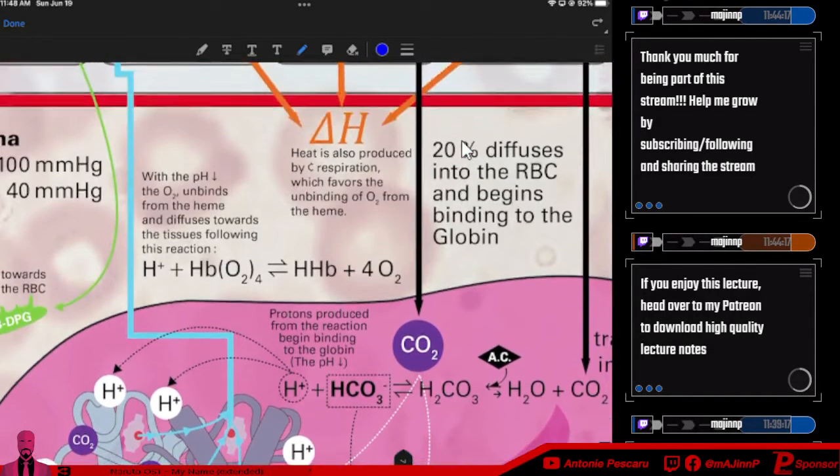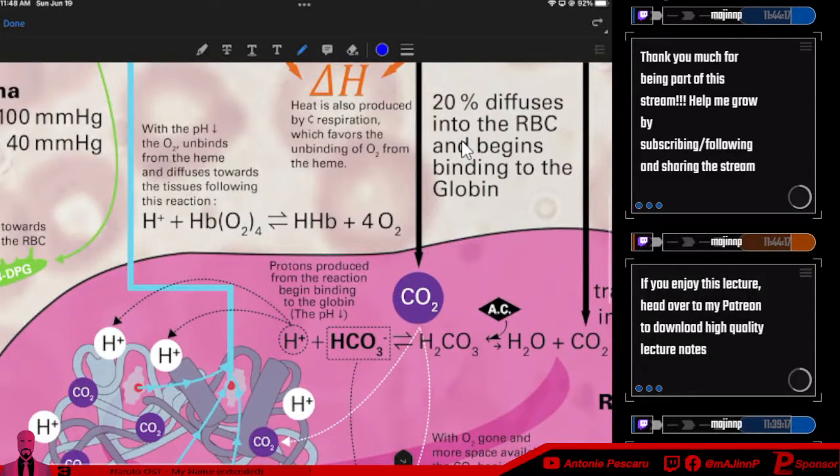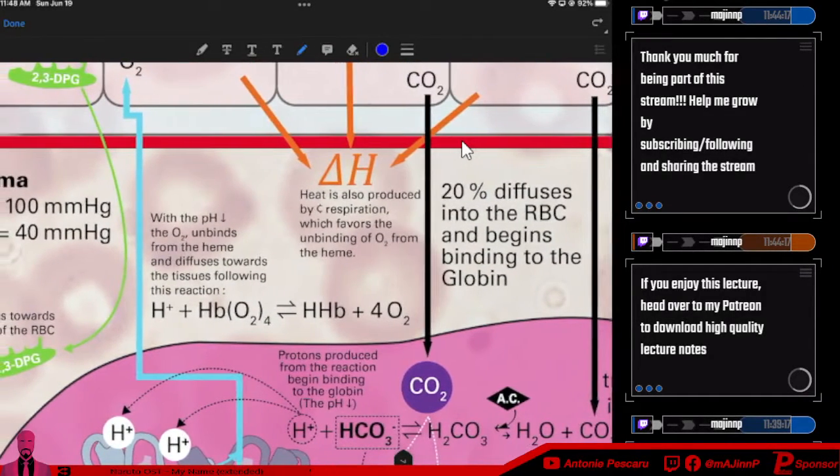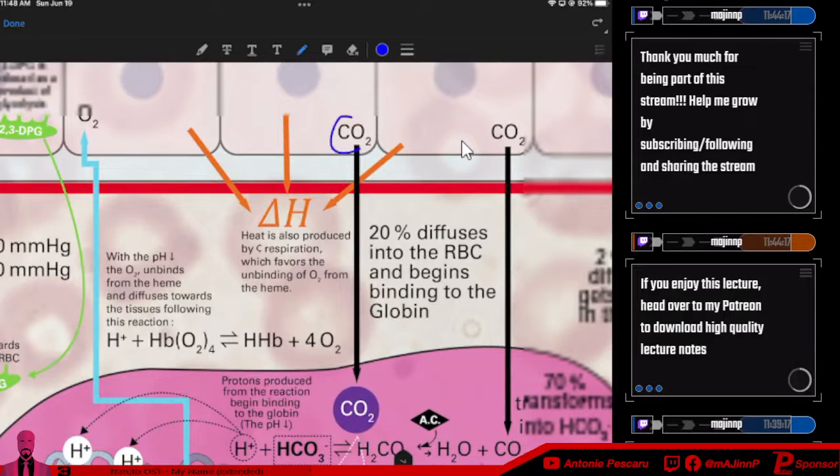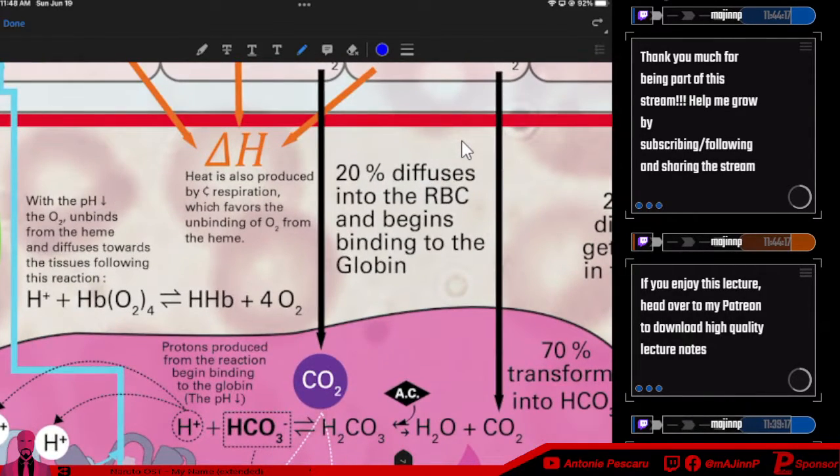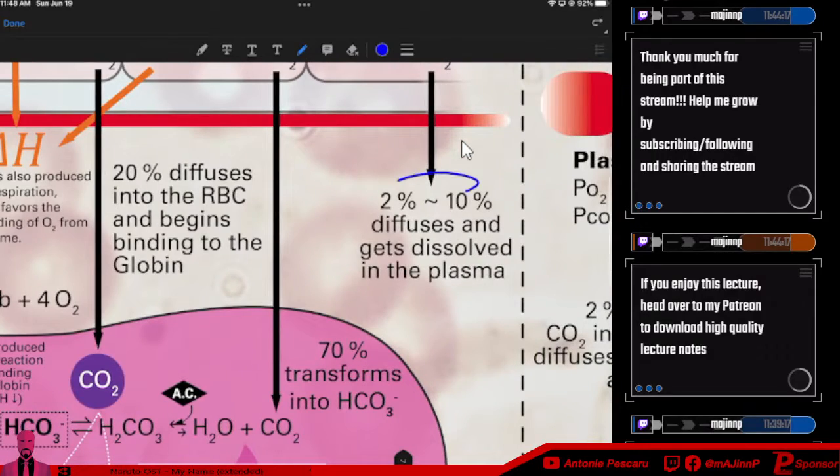Another thing that's going to start happening is the CO2 that's produced. That CO2, first of all, 2 to 10% gets diffused and dissolved inside of the plasma.